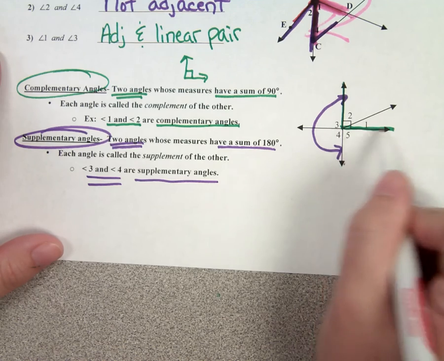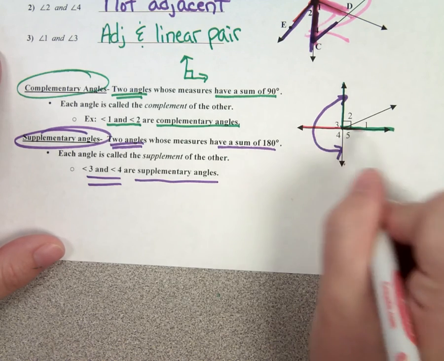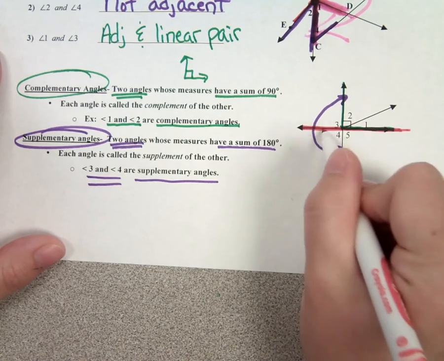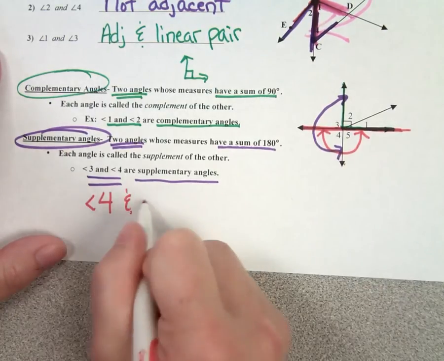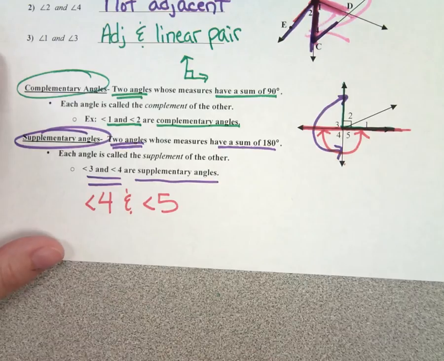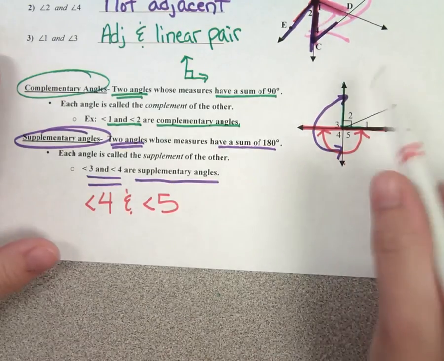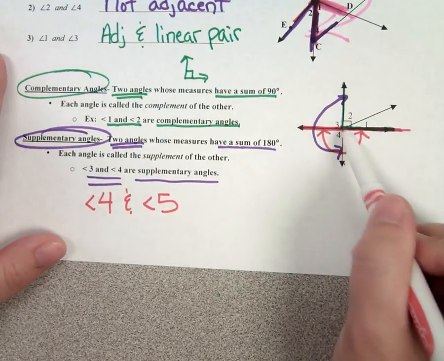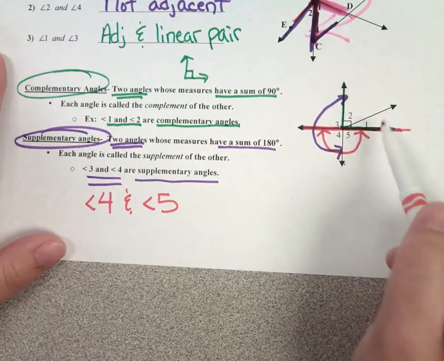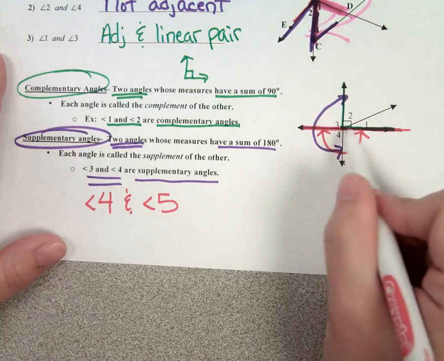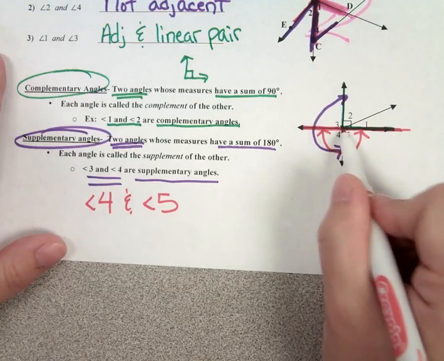Angle 4 and angle 5 are supplementary because here's my straight line, my straight angle, and I know from here to here, that's 180 degrees. So angle 4 and angle 5 are also supplementary. And to practice our vocabulary from up above, angle 4 and angle 5 are a linear pair because they make that straight line. They're also adjacent because they have a common side and a common vertex.